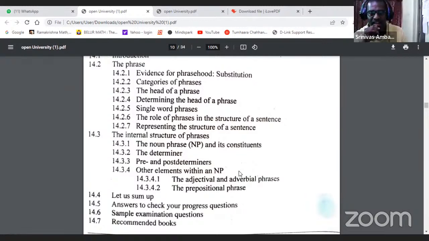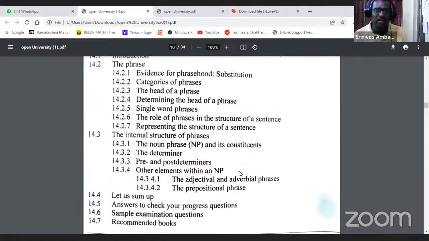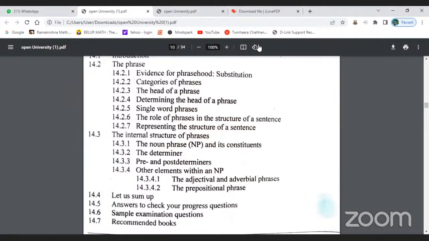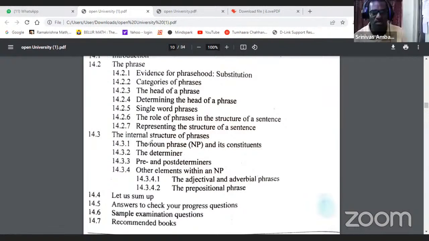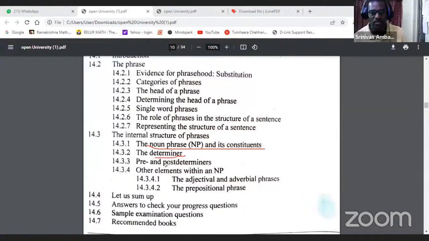You have varieties of groups of words in English. This is a little typical, but the very important one is the noun phrase, and its noun and determiner, post determiner. This is important for you. Now we move on.